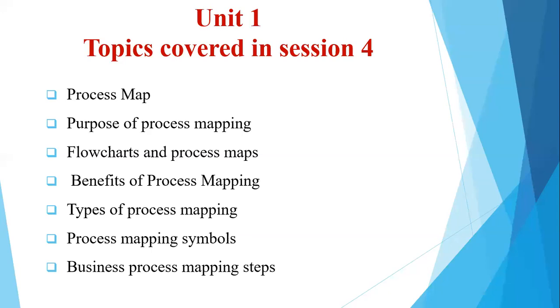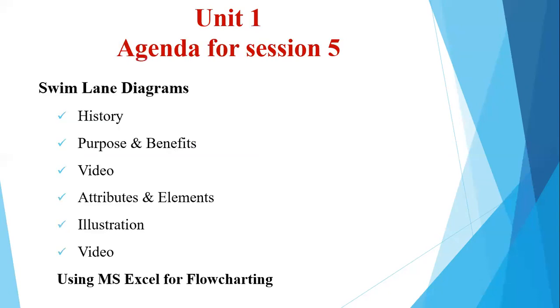So now, I think we have seen an example with respect to the registration process of a process map. So today we will be discussing swim lane diagrams after process flow charts or process maps.